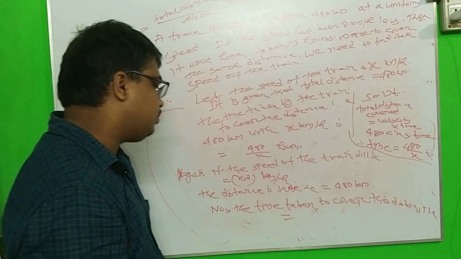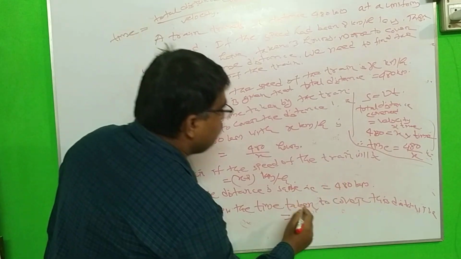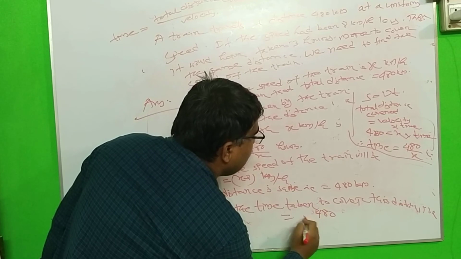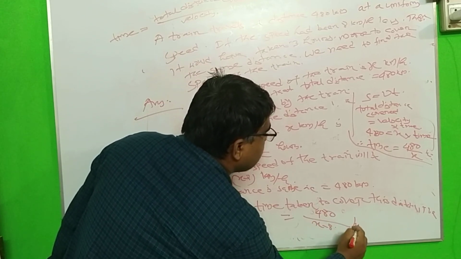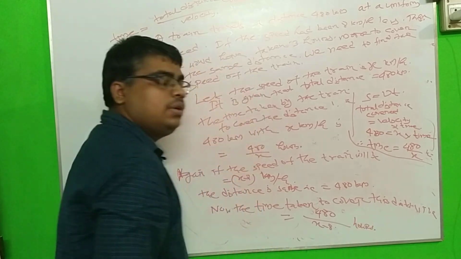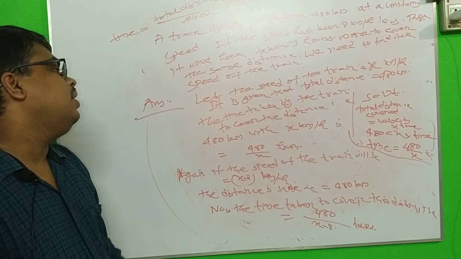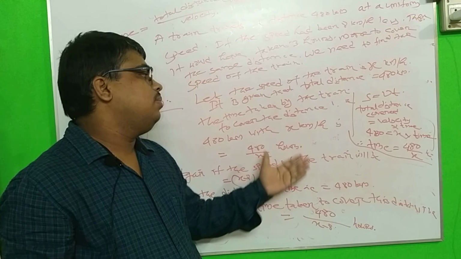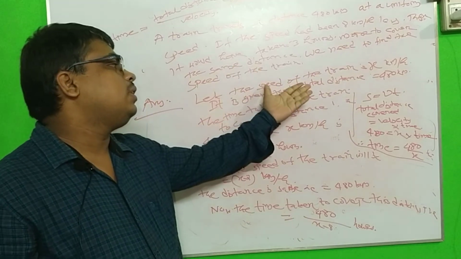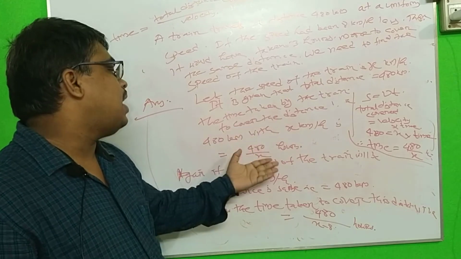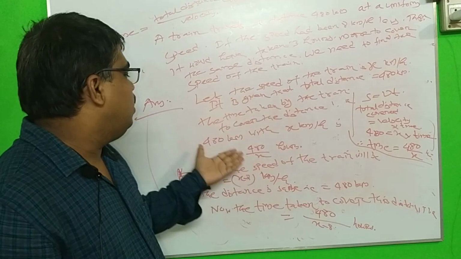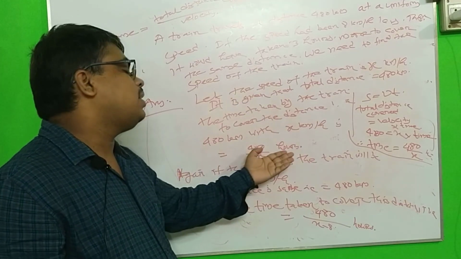Okay, now total distance 480 km, velocity x minus 8. Okay, clear? There are two cases. First case is velocity x, total distance 480 km, and then time taken 480 by x hours.